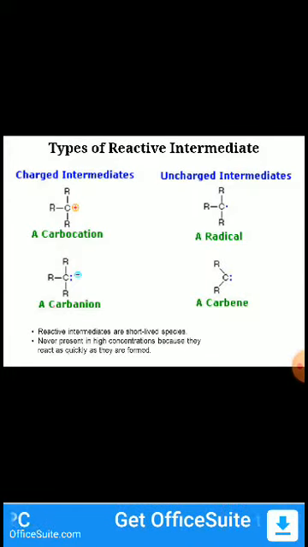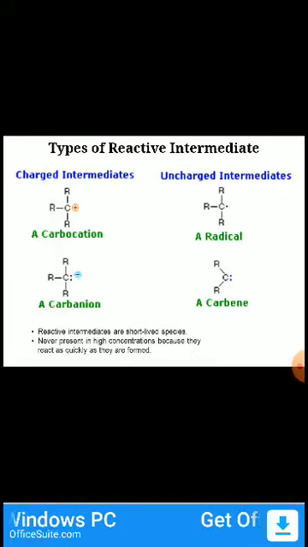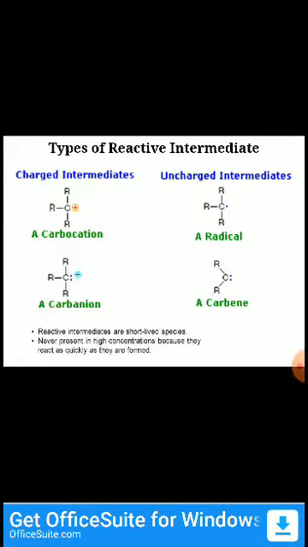Next we discuss the types of reactive intermediates. These intermediates have a very short life and are very reactive. We divide them into two parts: charged and uncharged intermediates. In the charged intermediates, first is the carbocation, carbon containing a positive charge.